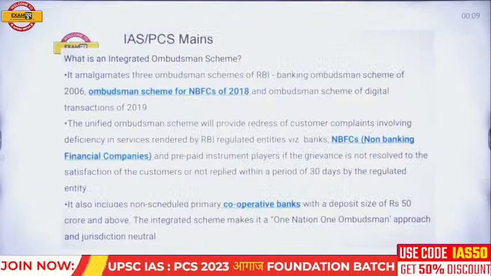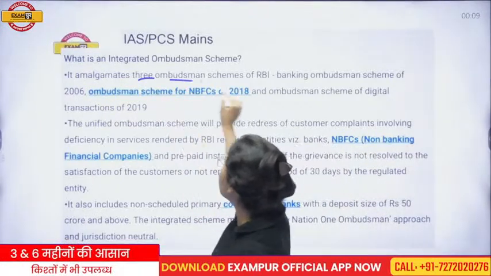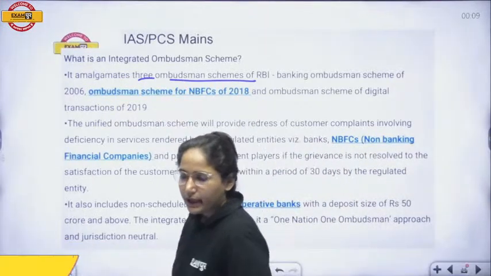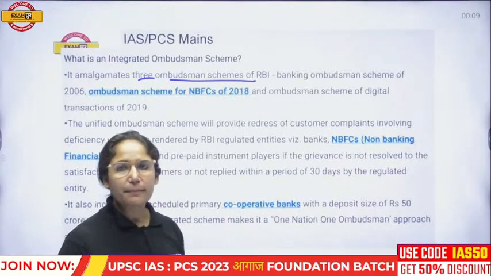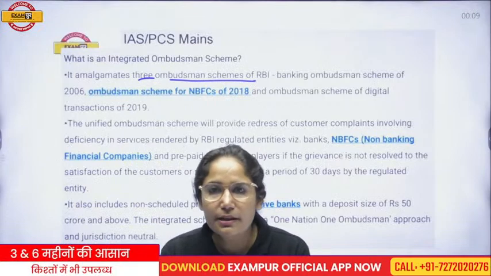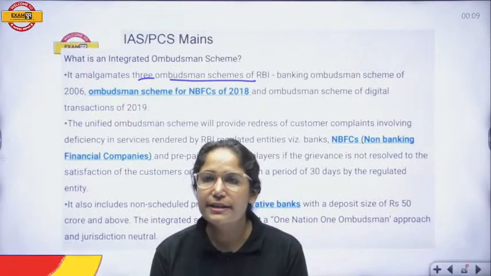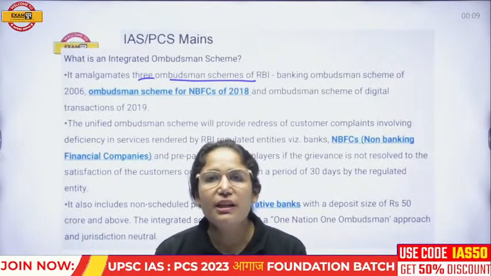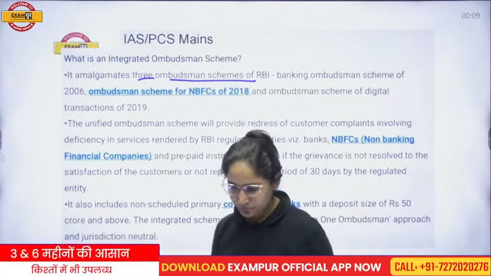So what is the integrated ombudsman scheme? As the name suggests, integrated means there is integration of the three ombudsman schemes into one in 2018. If you do have any complaint, you are getting registered, or if you are filing a complaint, you would be heard or redressed. That establishes the accountability on behalf of the organization.